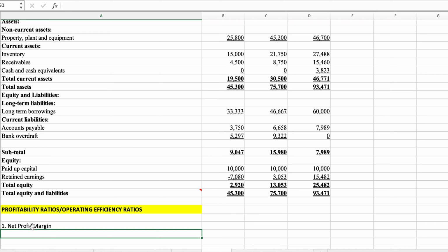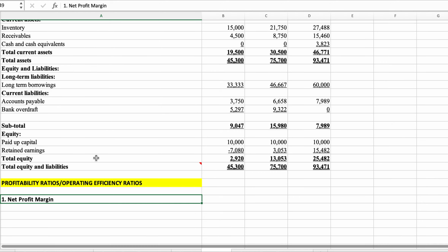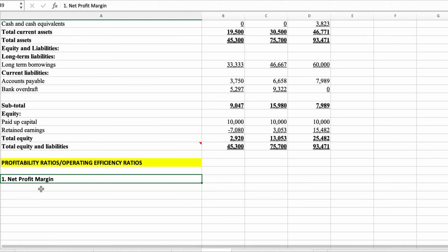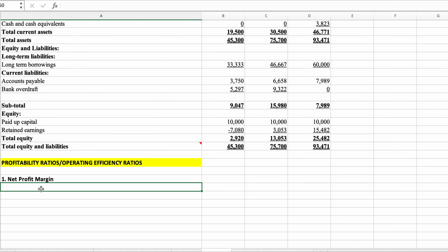So how do you calculate net profit margin, or what is the formula for calculating it? It's very simple. Whenever this word margin comes to your mind, what should come to your mind is sales. Margin is related to sales.